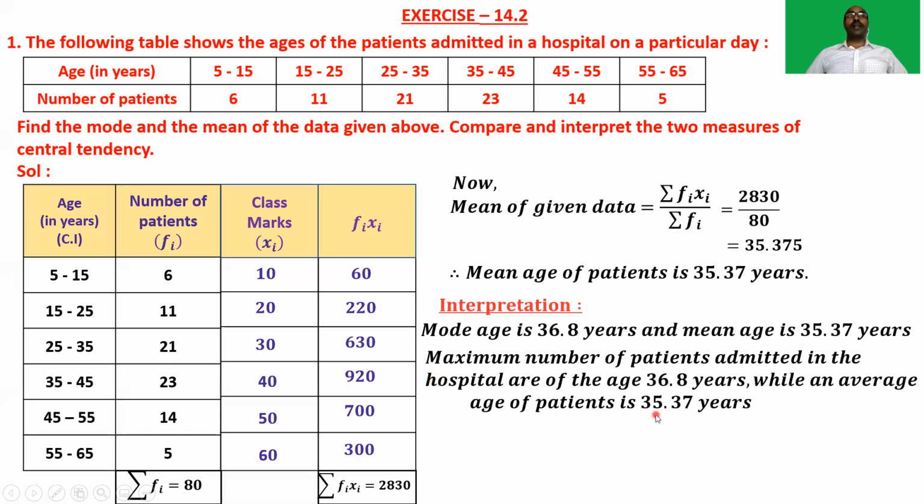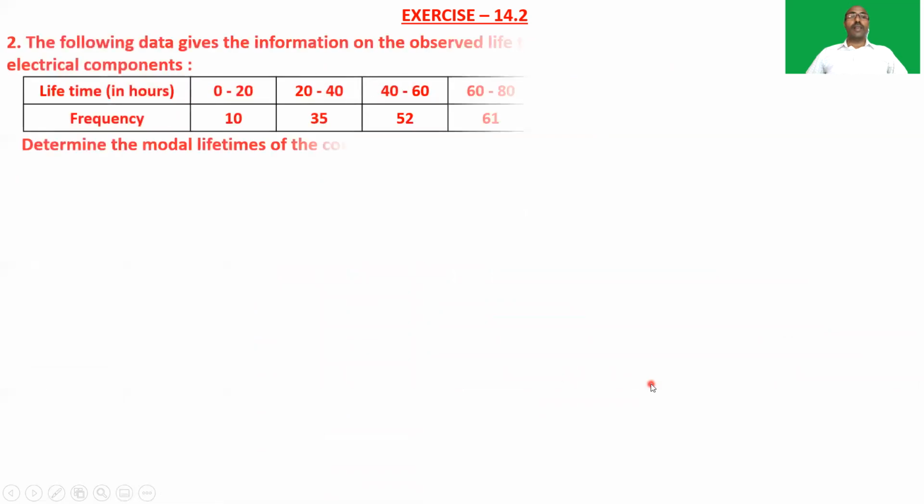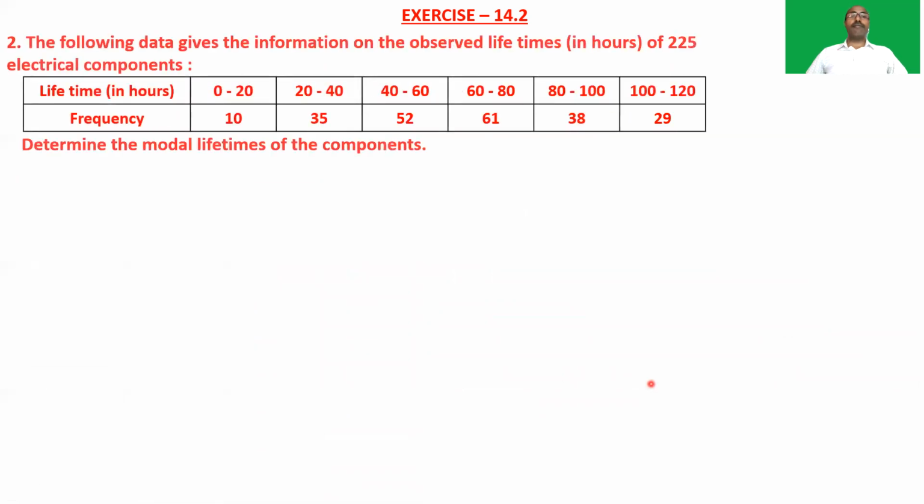So let us take the second question. The following data gives the information on the observed lifetimes in hours of 225 electrical components. Here the lifetime in hours is given in the first row and the frequency in the second row.